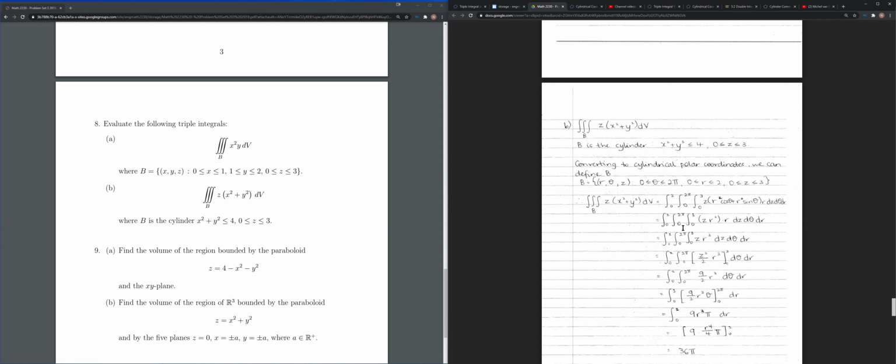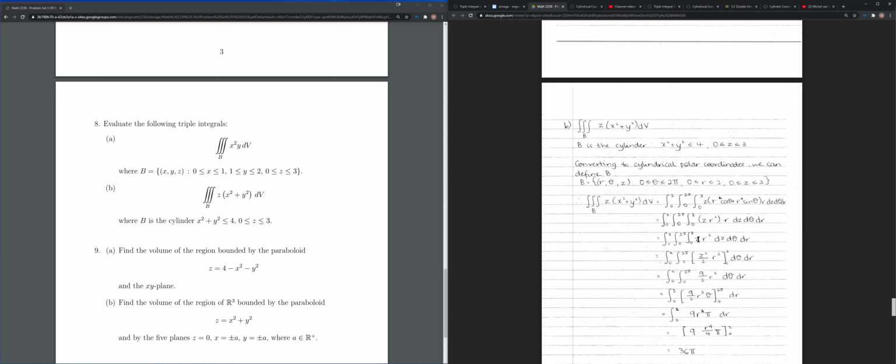Okay, so once we have that set up, now you just clean this up a little bit. You're going to have the z r cubed by multiplying this r squared by r. Then you start working out your triple integral, which means you do your inside integration first. Here I'm integrating with respect to z, so the r cubed is just a constant.